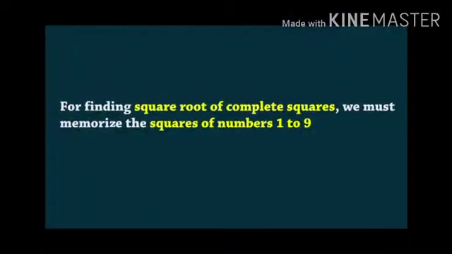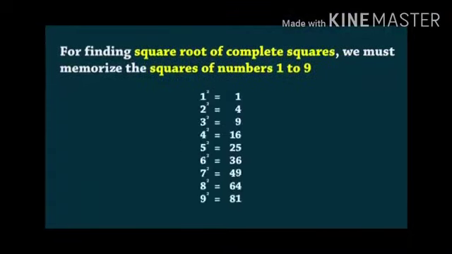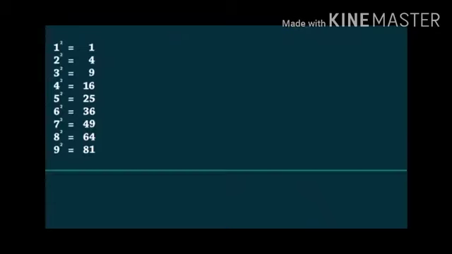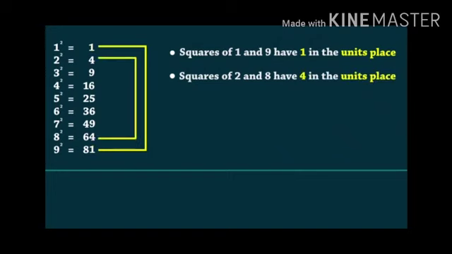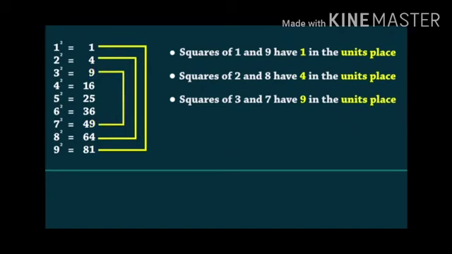For finding the square root of perfect squares, we must memorize the squares of the first 9 numbers and check the units place. You can see that 1 and 9 have 1 in the units place, 2 and 8 have 4 in the units place, and 3 and 7 have 9 in the units place.